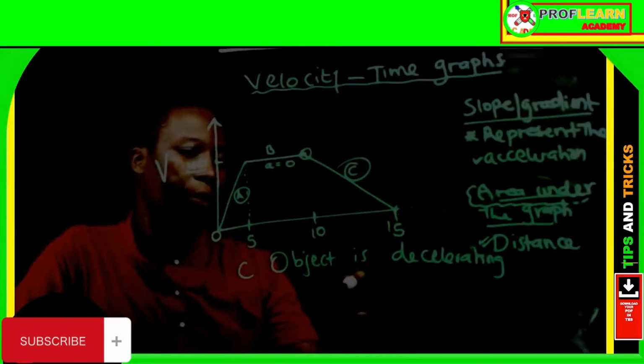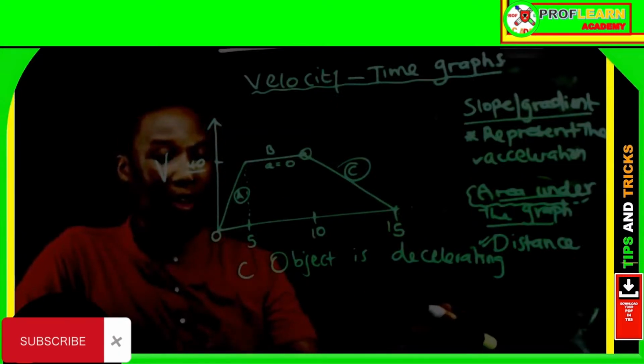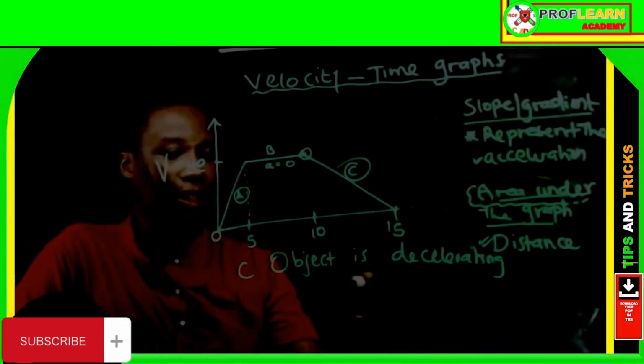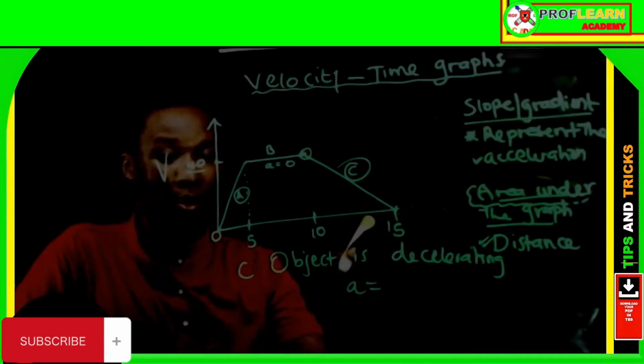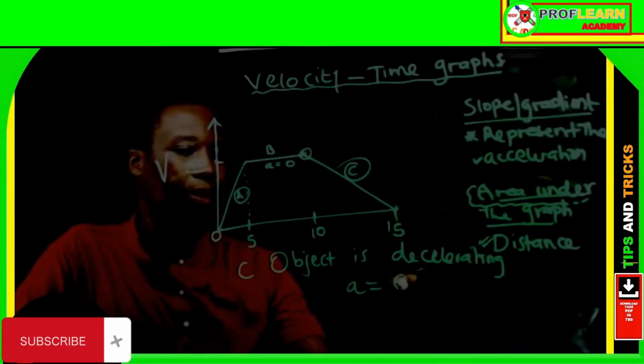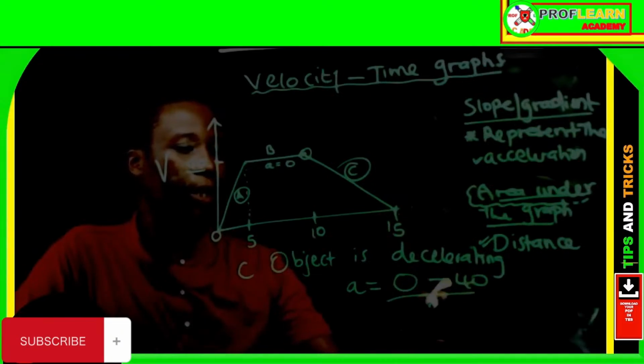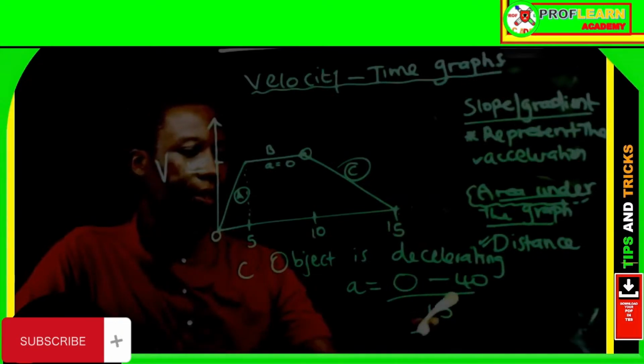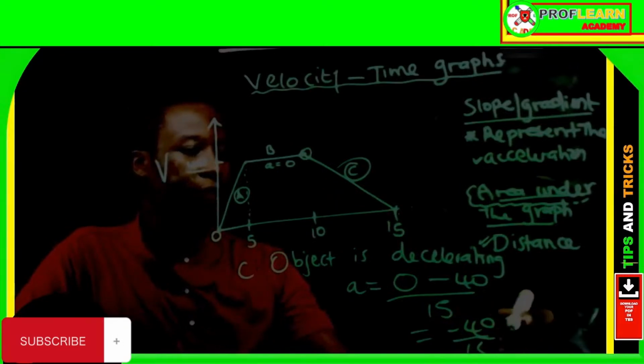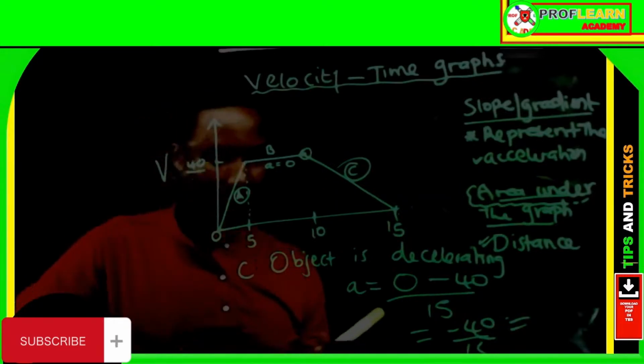So therefore, we can work out the deceleration. Acceleration now, which is the deceleration here, will be 0, final velocity, minus initial, which is 40, divided by the time taken. In this case, it will be negative 40 over 15. So if you work out this, what are you going to get? Let me get my calculator.